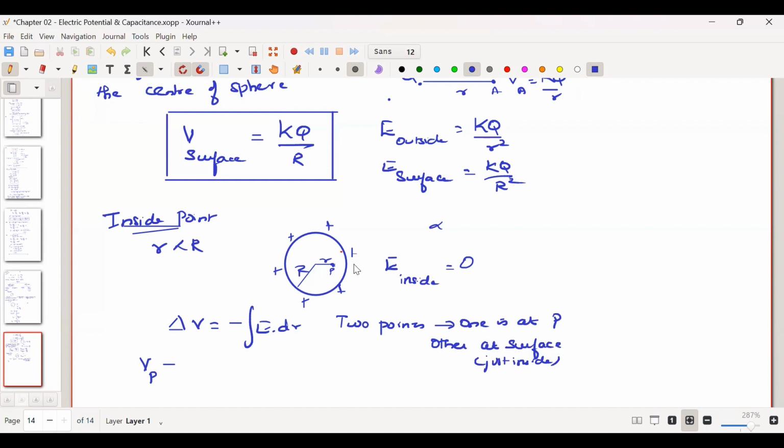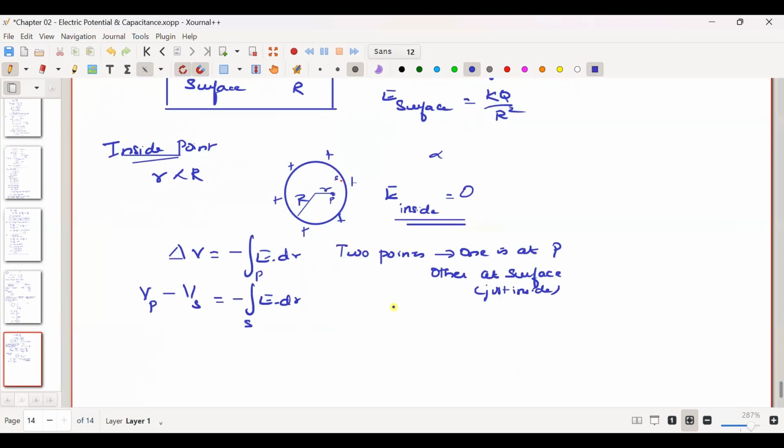Therefore, Vp minus Vs is equal to minus integration of E dot dr from S to P. Now, what is the electric field inside? We have seen that it is 0. So Vp minus Vs will be 0, which means Vp is equal to Vs. And what is the potential at the surface? It is KQ by R.